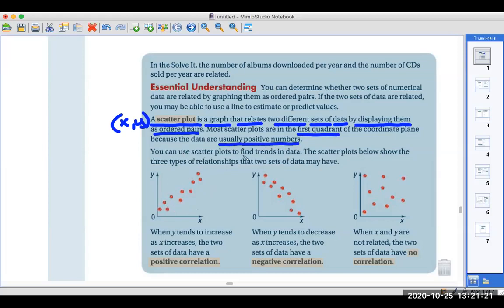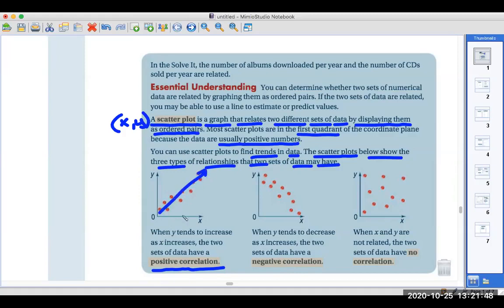You can use scatter plots to find trends in data. The scatter plots below show the 3 types of relationships that 2 sets of data may have. The first one is called a positive correlation. Most points, this is called a scatter plot, by the way, because you're not really connecting the points. You're just plotting them and looking, is there some trend? This one has a positive trend.